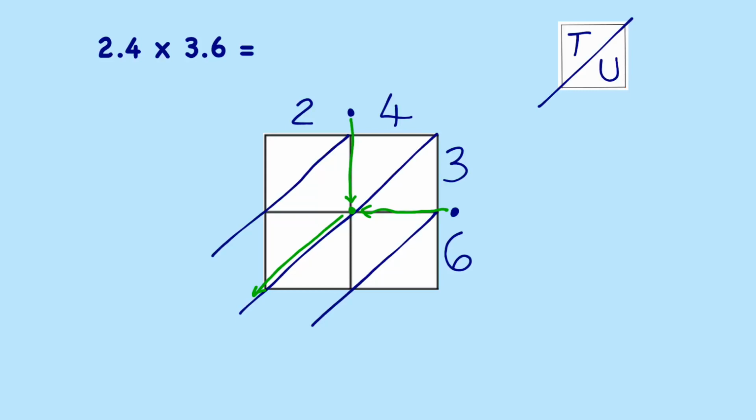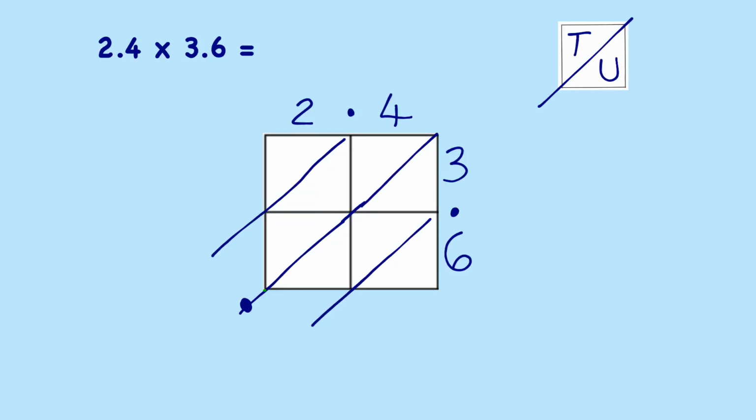So I can put my decimal point here. Remember, your decimal point goes along the vertical and horizontal lines until they meet, and then you follow the diagonal line until you exit the box, and that's where your decimal point goes for your answer.